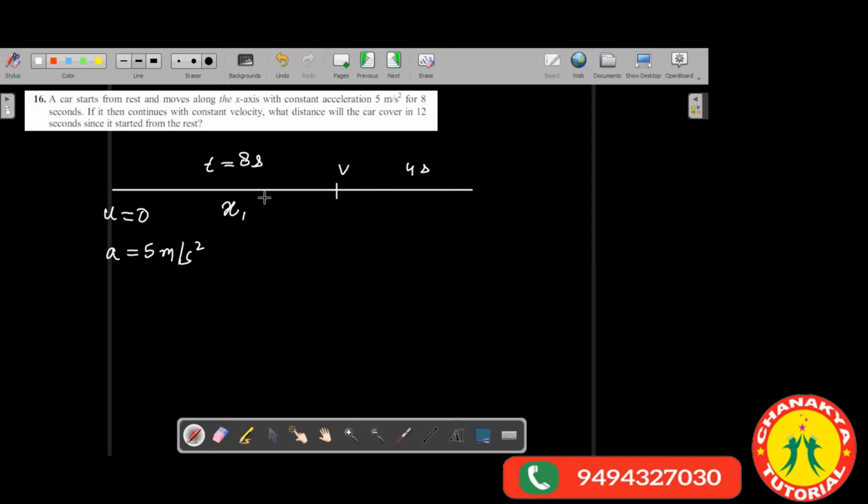So first 8 seconds with an acceleration and the next 4 seconds without acceleration. I want you to first complete your calculations for the first 8 seconds: find the value of distance and the final velocity.